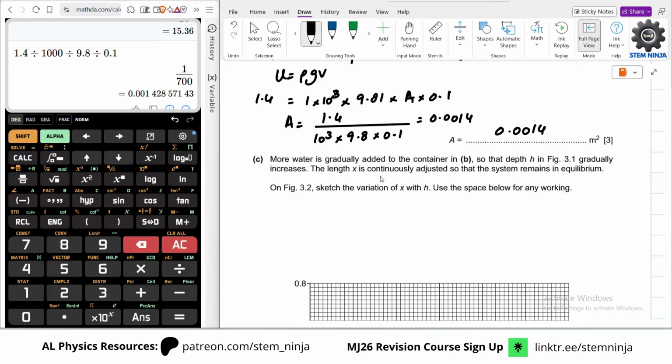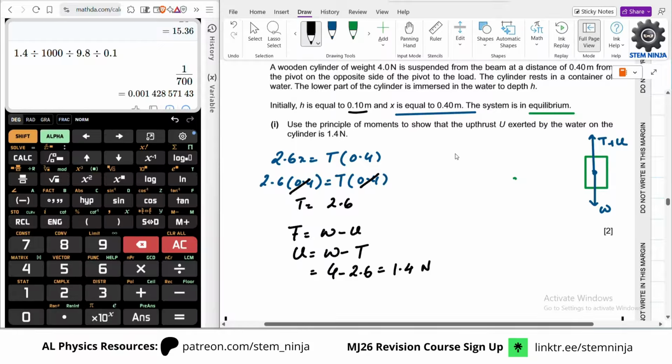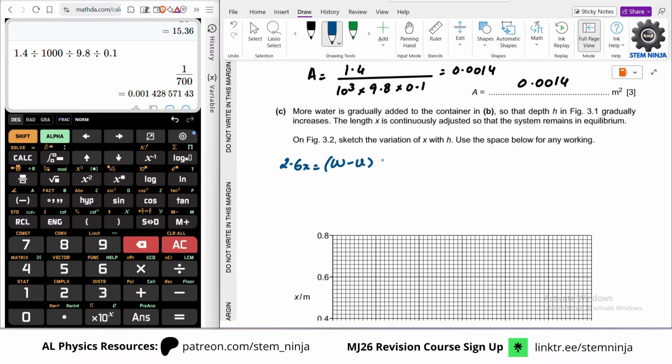Use the space below for any working. Okay, so basically remember that tension is the weight minus upthrust. So let's make a straight line equation. So 2.6x is equal to weight minus upthrust.